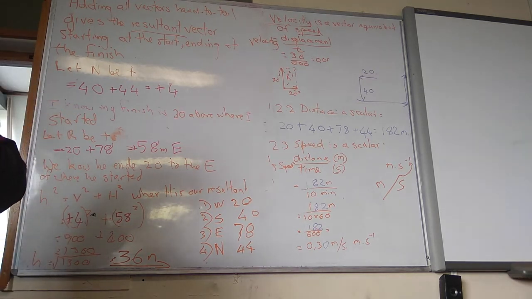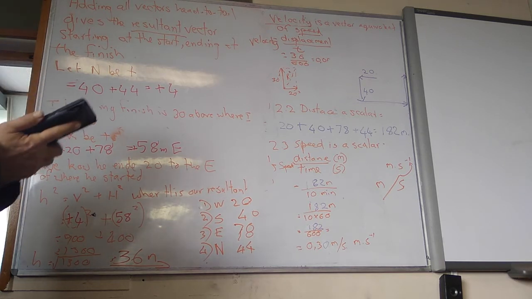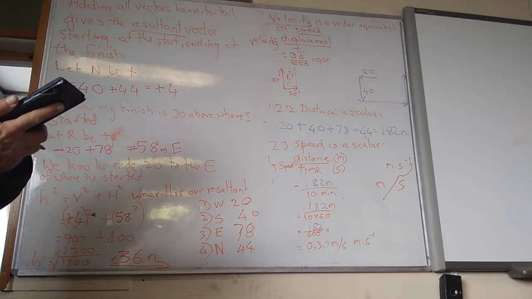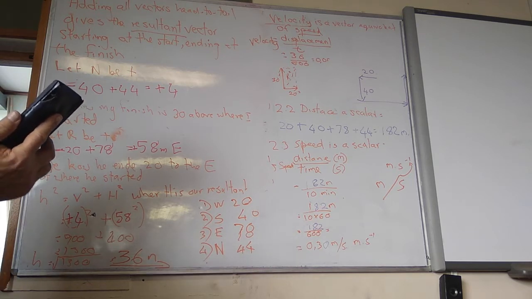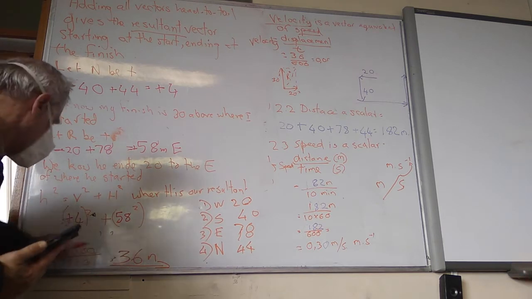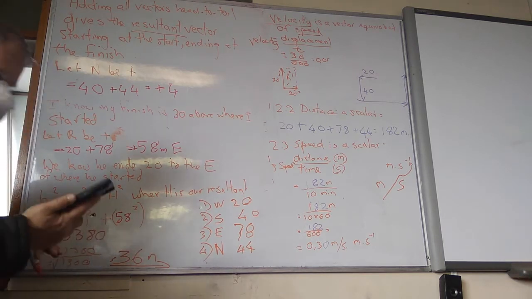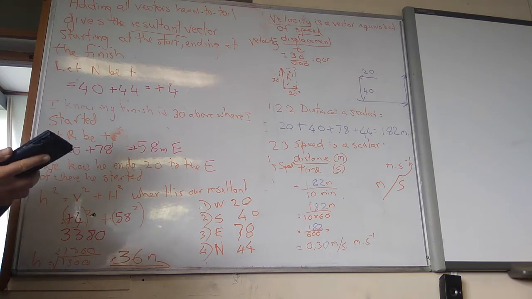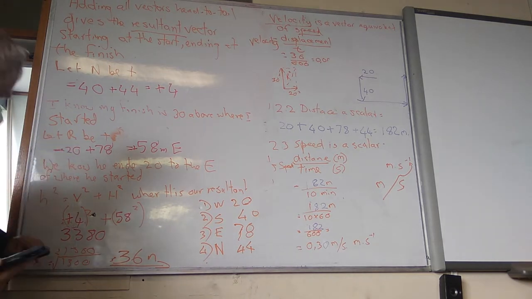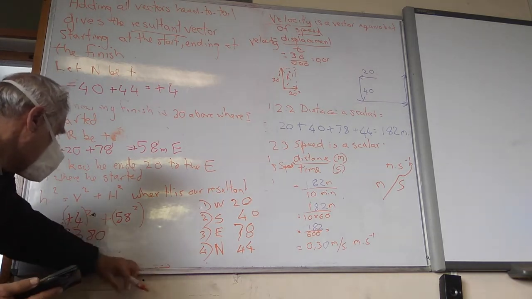I get 3380. And then I'm going to do the square root of the answer, which gives me 58. So the final displacement is the square root of 3380, which is 58 meters.